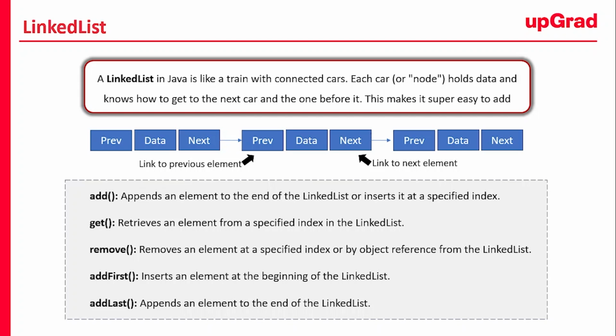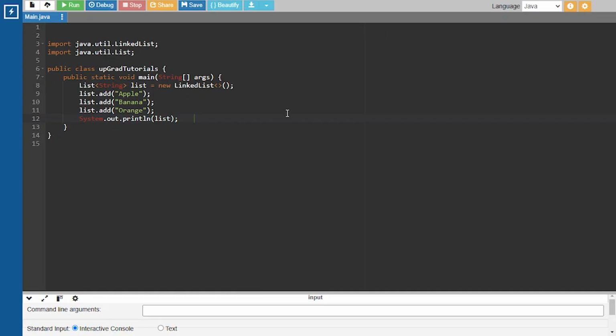Now let's have a look at its code. All right, so this is the LinkedList code again. It is quite similar. I believe you guys understand what we are doing here because most of the methods are similar. In collections, most of the actions and methods are similar, because previously also we used to add apple, since we have used the add functionality before, and here also we are adding the same things.